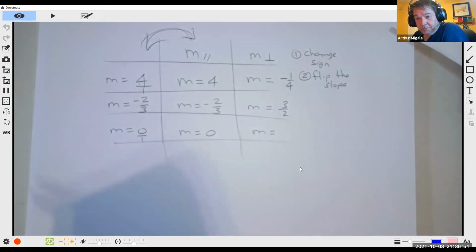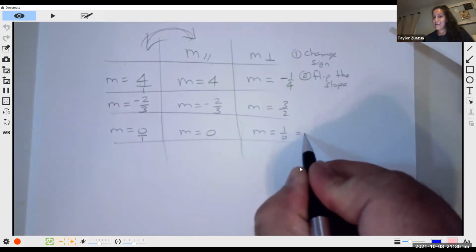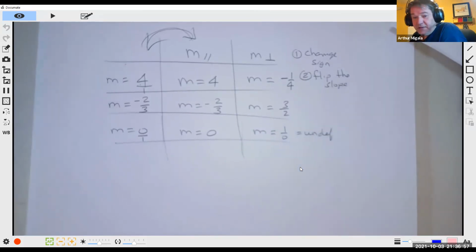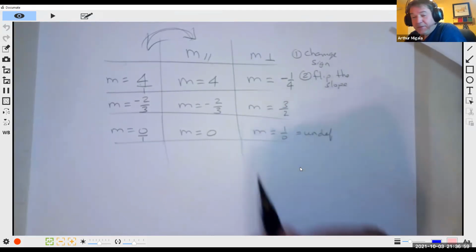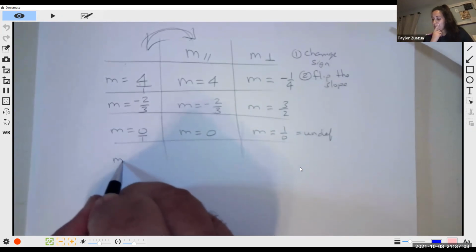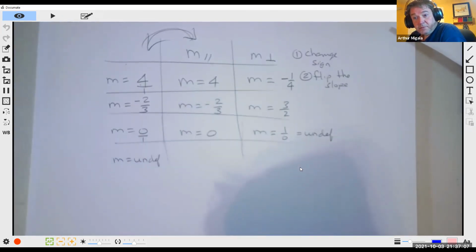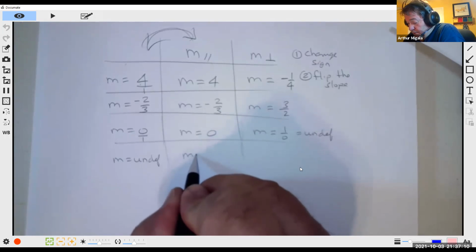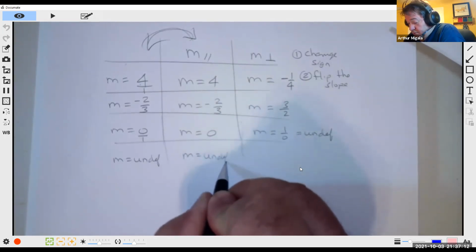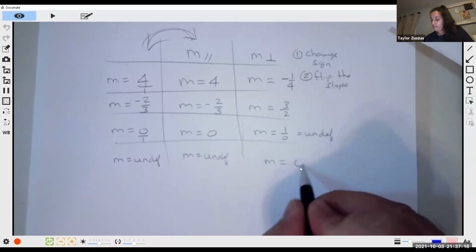Every number is over 1. So 1 over 0 is undefined, because you can't divide by 0. So if the slope is undefined to begin with, the parallel is also going to be undefined, but the perpendicular is going to be 0.